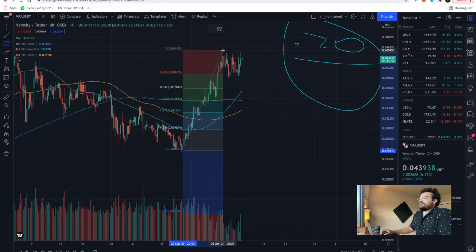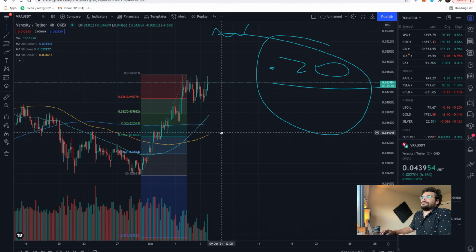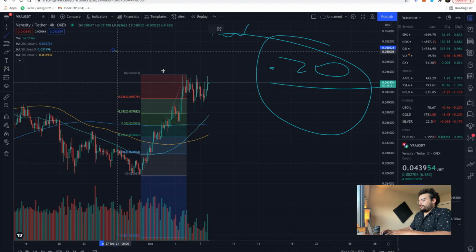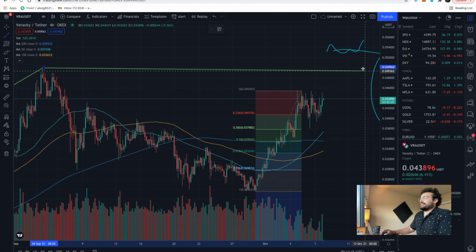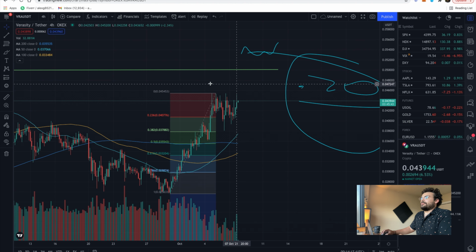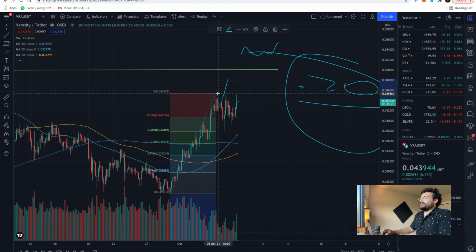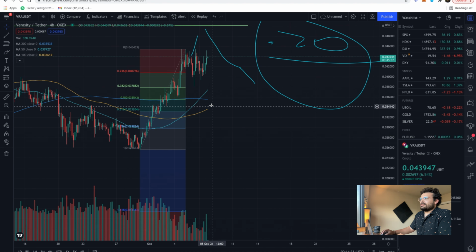And so we're saying if we don't end up breaking this previous high, if we get rejected here and we start coming back down, maybe we end up testing some of these support levels.